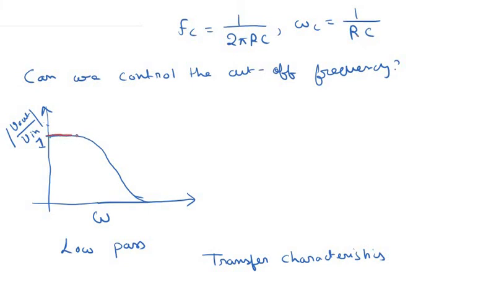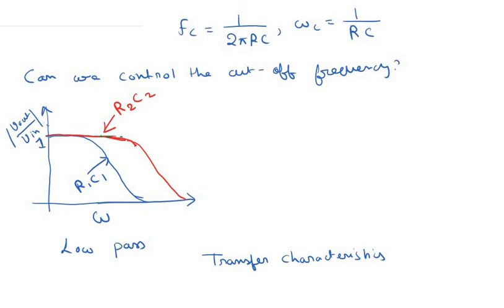So I am drawing with a different color here. If we decrease the RC product, my transfer characteristics would look somewhat like this. So let us say that this is for R2C2, and this is for R1C1, and we can further decrease the RC product from R2C2. So let us say that we now have another product, R3C3, which is still less than R2C2.